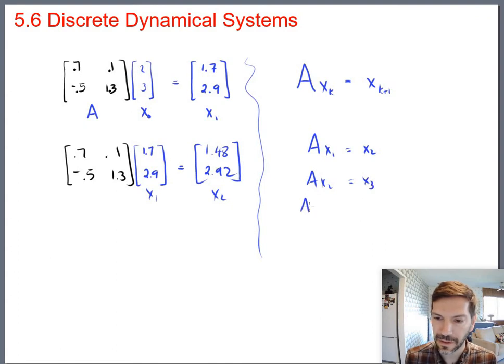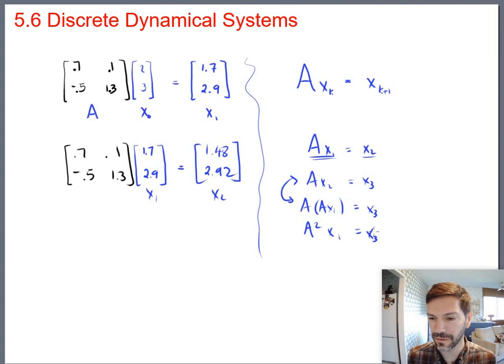Of course, x2 is the same thing as A x1, so these two lines are the same. Or A squared times x1 would give you x3, and in general, if you want to go 5 steps down the line, you would multiply by A 5 times.